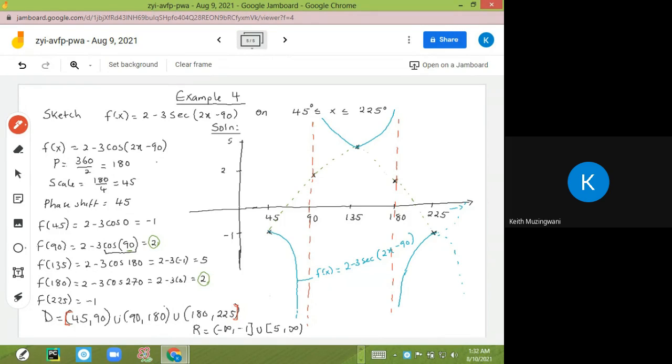Okay. So we said sec is 1 over cos. And we are emphasizing that 1 over 0 is undefined. And that is where the asymptotes are coming in. So if I'm solving and I say cos 90 is 0, that means that the sec won't be defined there.